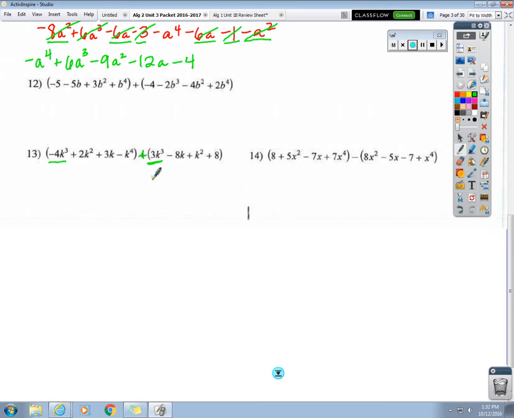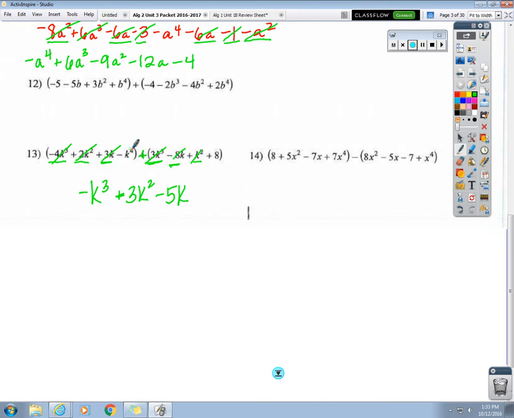And that makes a negative 1k cubed, right? Then 2k squared can combine with k squared, which is how many k squares? Positive 3, right? And then 3k combines with negative 8k, which makes negative 5k.